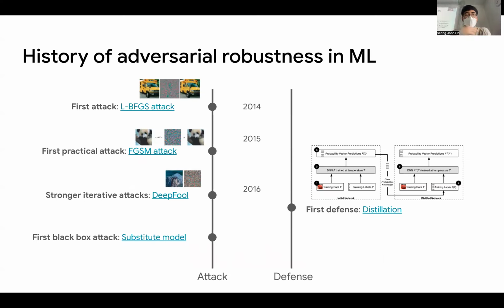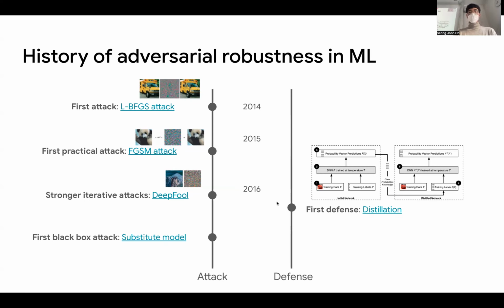So I wanted to give you a little bit of a summary of the history of adversarial robustness in machine learning. In 2014, there was the first attack, LBFGS, which I didn't talk about in this lecture because it's way too complicated and doesn't work too well. But there was a very simple attack, FGSM, afterwards, and it worked pretty well.